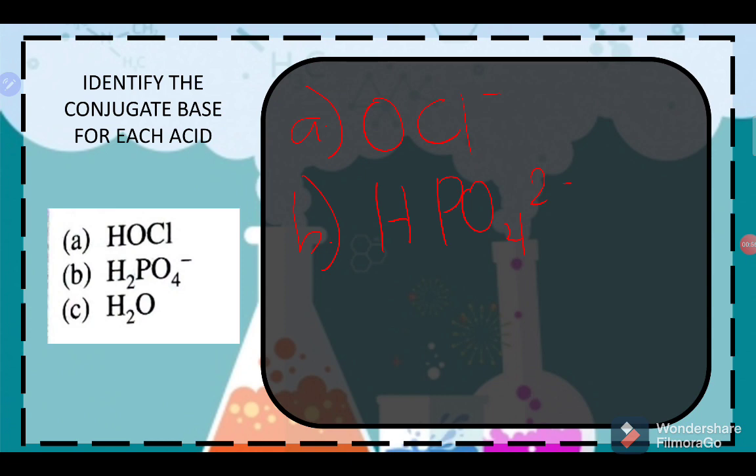Next, for letter C, we have H2O, and with the release of its hydrogen ion, it will have its conjugate base as OH negative. Okay, so these are the conjugate bases for each acid. Okay, next.